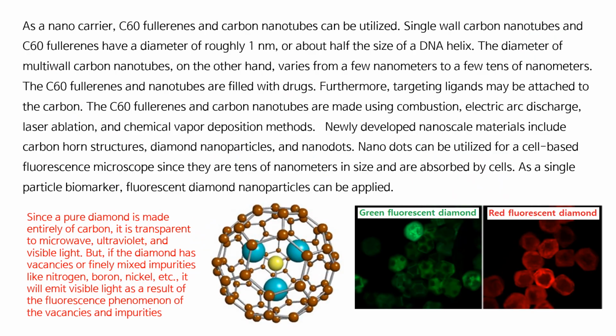As a nanocarrier, C60 fullerenes and carbon nanotubes can also be utilized. Single-wall carbon nanotubes and C60 fullerenes have a diameter of roughly 1 nanometer, or about half the size of a DNA helix. The diameter of multiwall carbon nanotubes, on the other hand, varies from a few nanometers to a few tens of nanometers.